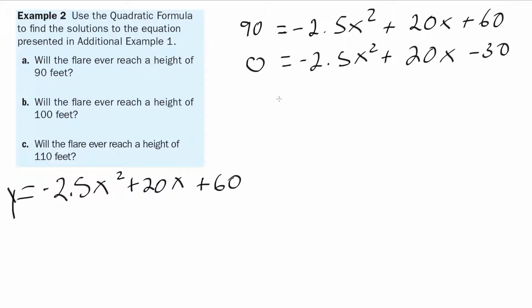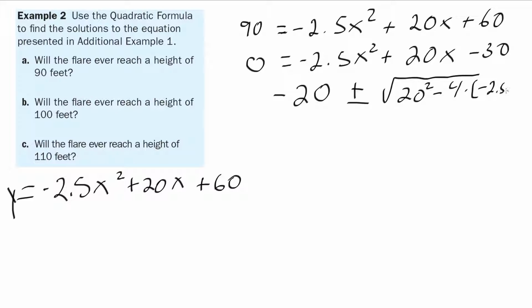So I get the opposite of 20 plus or minus the square root of 20 squared minus 4 times a negative 2.5 times a negative 30, all over 2 times a negative 2.5.